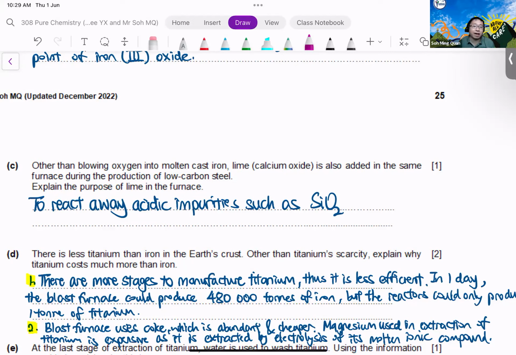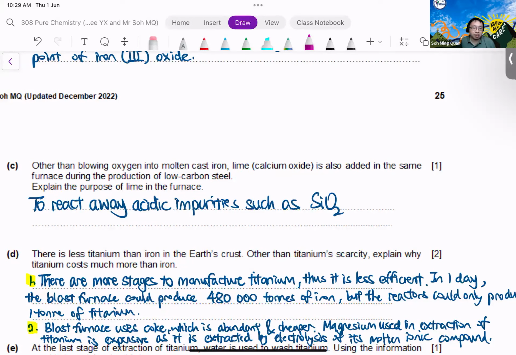Okay? Therefore, it's less efficient. Okay, you can even quote the data. Okay, for example, iron, you can produce 480,000 tons of iron per day, because per day got 24 hours. Whereas titanium, not so good, 1 ton per day only.